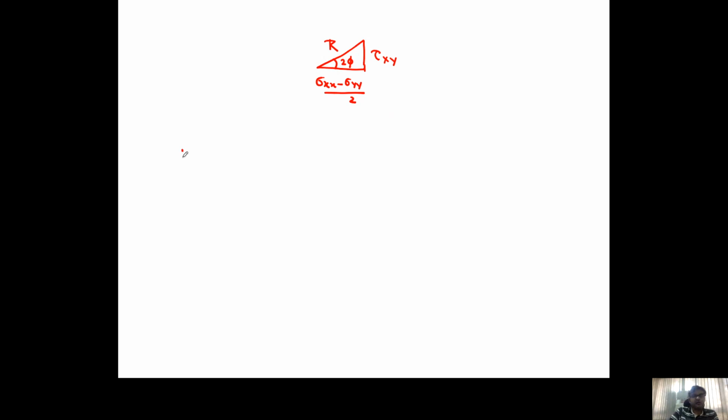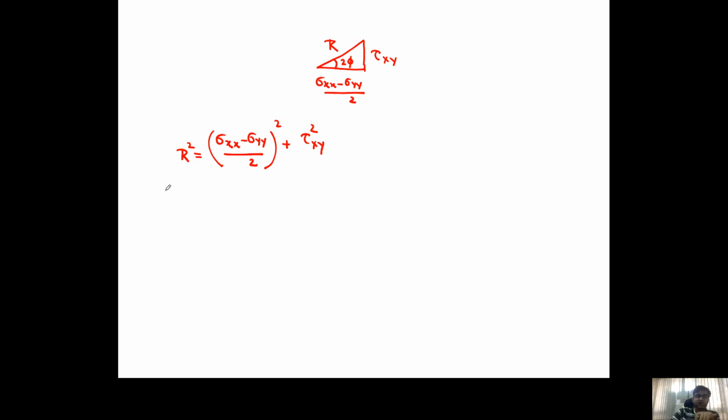So r is defined as the square root of sigma xx minus sigma yy by 2 squared plus tau xy squared.